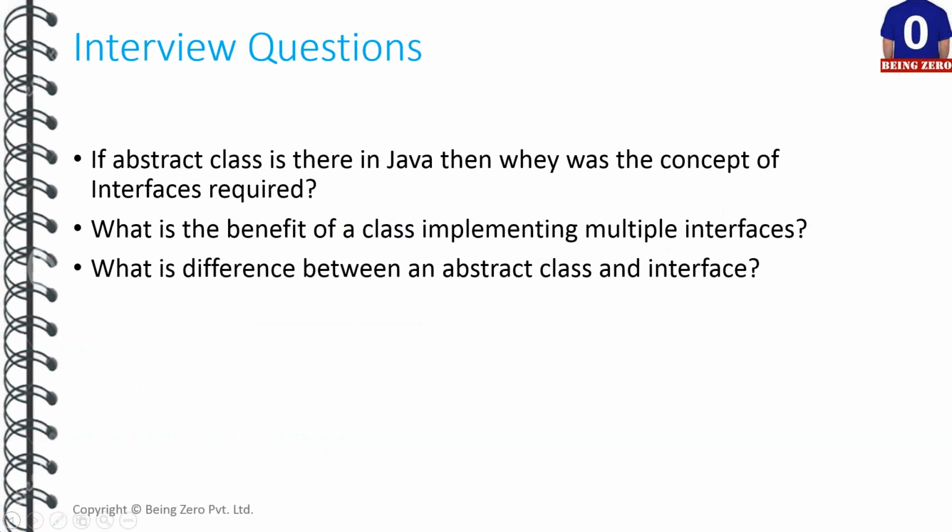Second difference is an abstract class can have data members, but an interface cannot have. Then an abstract class can be inherited by one other class, but more than one interface can be implemented by any other class. So these are some of the differences between interface and abstract class.